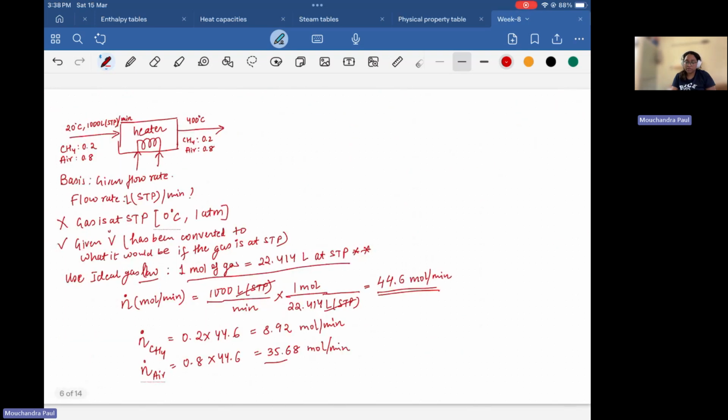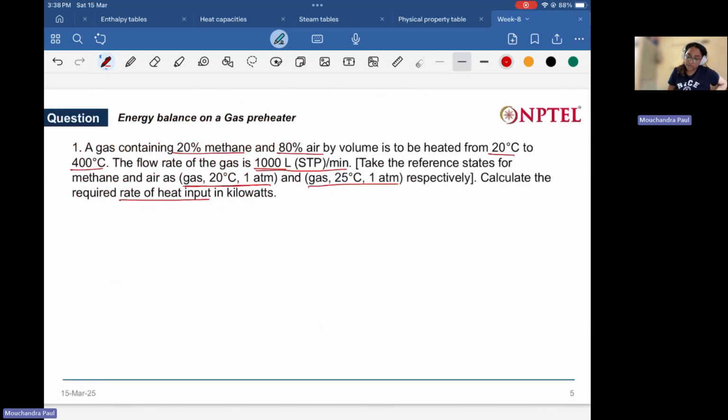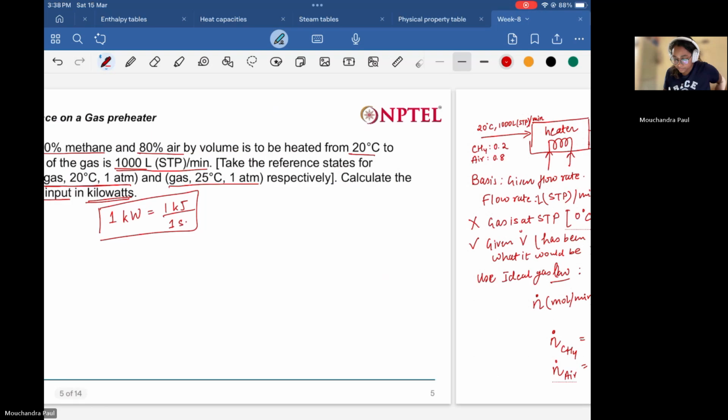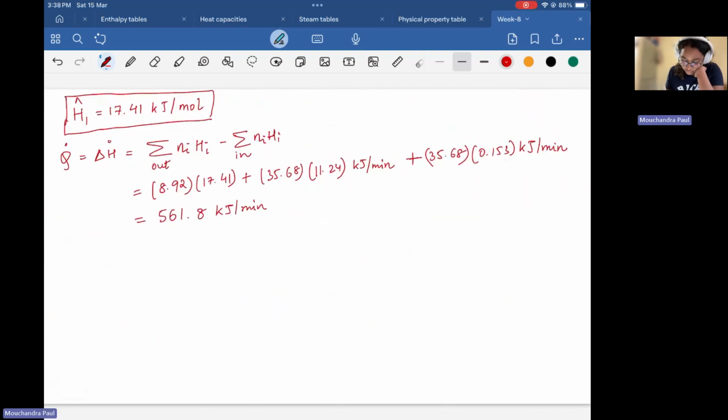Now we were asked to get the energy input in kilowatts. What is kilowatt? 1 kilowatt is 1 kilojoule per second. So basically now what we have to do, we have to convert this unit by just dividing with 60.